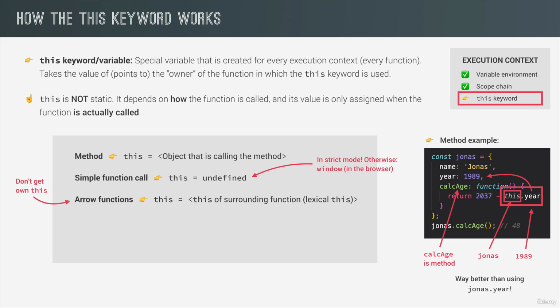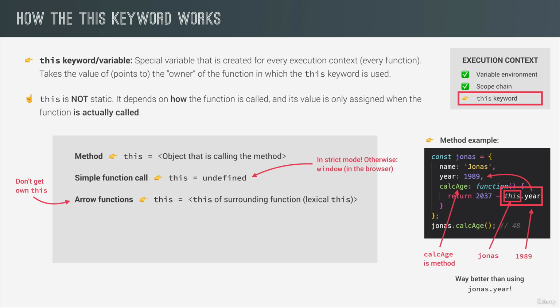And in technical terms, this is called the lexical this keyword, because it simply gets picked up from the outer lexical scope of the arrow function. So never ever forget this very important property of arrow functions. Believe me that actually I run into 1 or 2 bugs because of this behavior. Okay, so it's really important not to forget that arrow functions do not get their own this keyword.